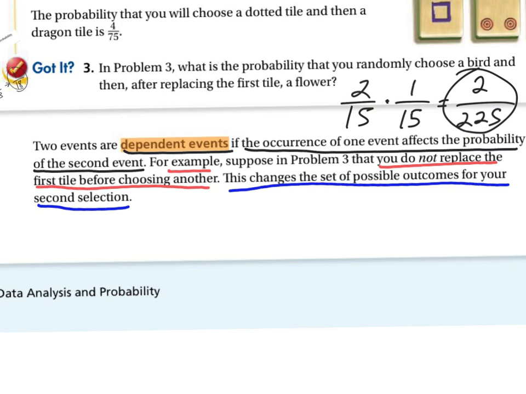And even if it's, like that last problem we looked at, choosing a bird and then a flower, even if we picked a bird, and you might say, well, if we take that out, that's not going to affect how many flowers there are. That's true, it's not going to affect how many flowers, but it's going to affect how many total tiles are still left. So our denominator would be changed, if nothing else, if we have a dependent event.